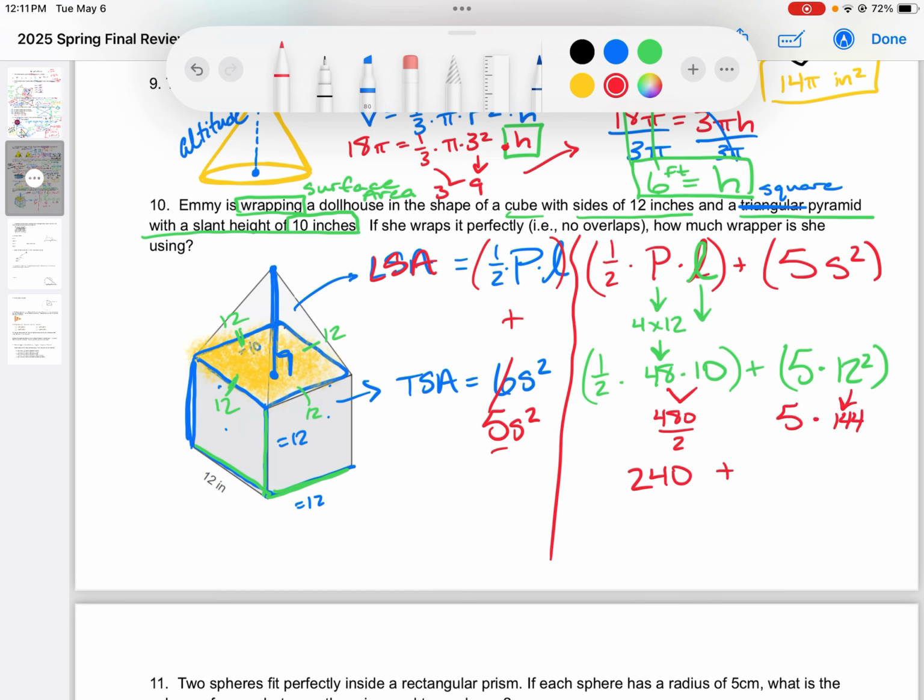Then we're going to add 5 times 144, and that will give us 720. And then we're adding these two things together. So 240 plus 720 is 960. And it's surface area, so it's going to be inches squared because it's an area, not a volume.